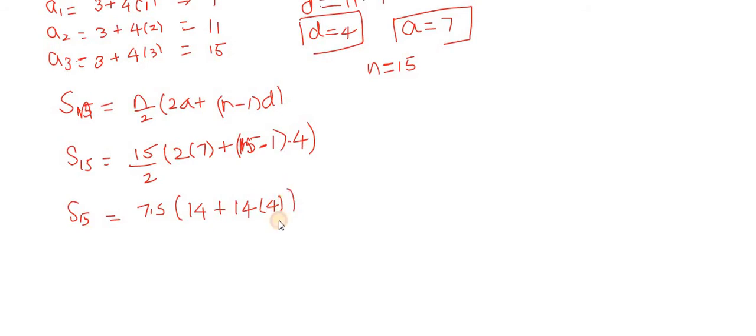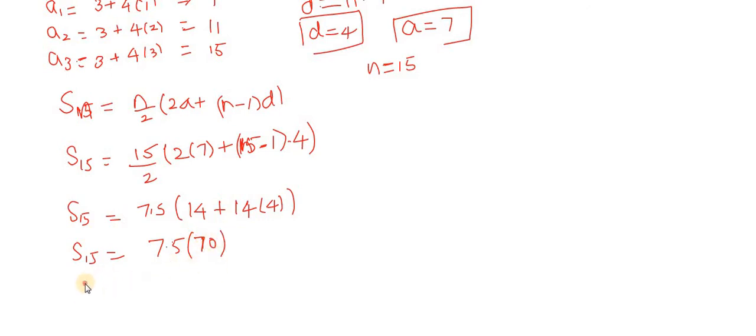So then S15 is equals to 7.5 into 14 plus 14 fours. 14 fours, so we'll get it around 70. If we add everything, you'll get 70.